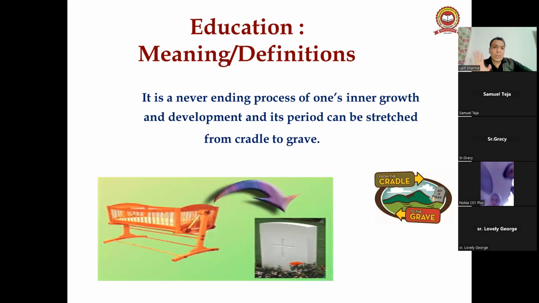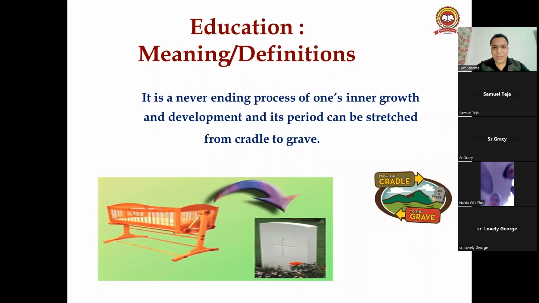And one more thing I want to clear here: you cannot bound education in schools and colleges. Schools and colleges distribute degrees. Am I right? You can't say that after giving the degree and mark sheets, one has got educated.